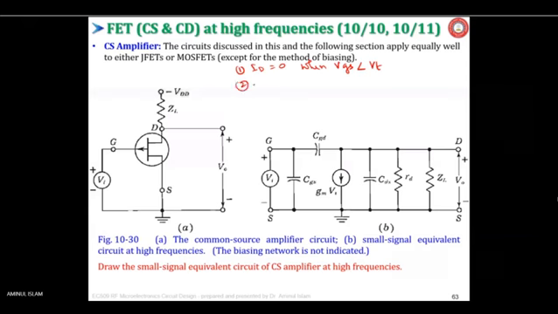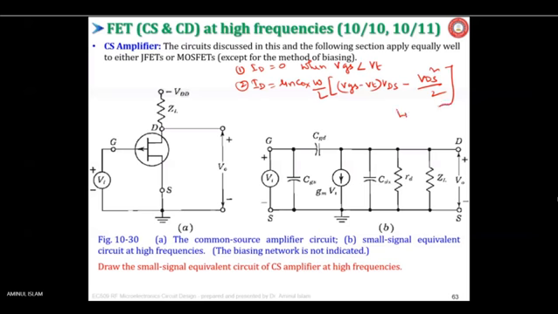Second equation is ID equals mu n C ox W by L into VGS minus VT into VDS minus VDS square by 2.